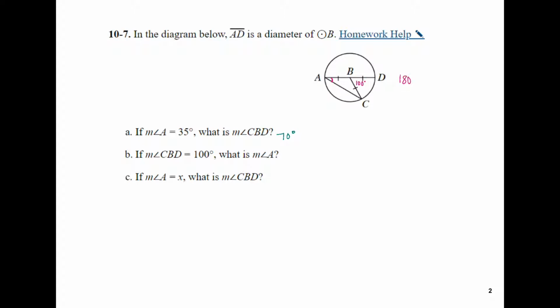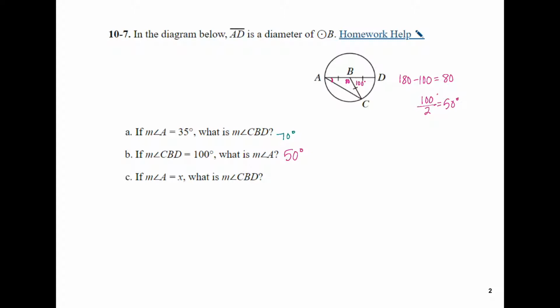We can take 180 and subtract 100, so we know this top angle is 80 degrees. We know our entire triangle has to equal 180, so we can take 100, divide it by 2, which tells us both of our base angles of our isosceles triangle are 50 degrees.